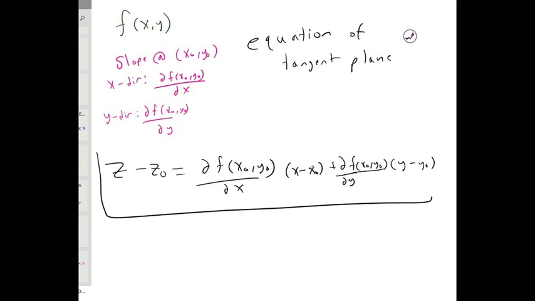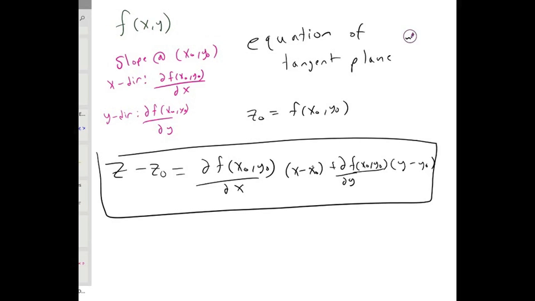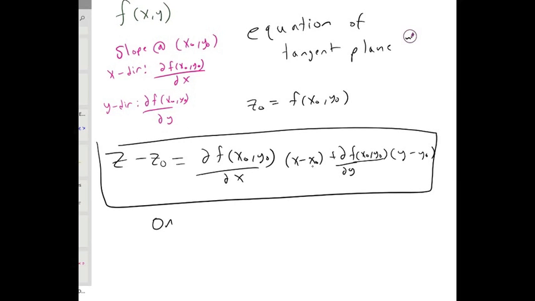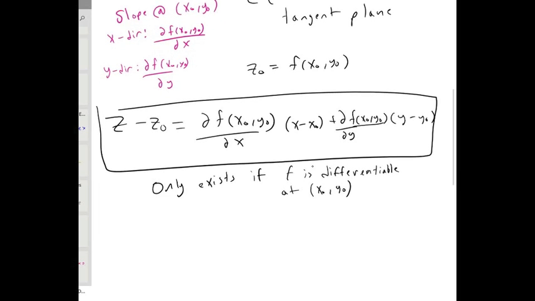And this is the equation. And z0 is just f of x0, y0. And this only exists if f is differentiable at x0, y0.